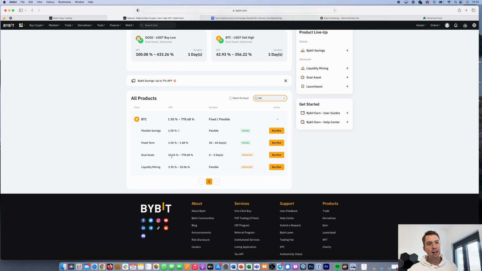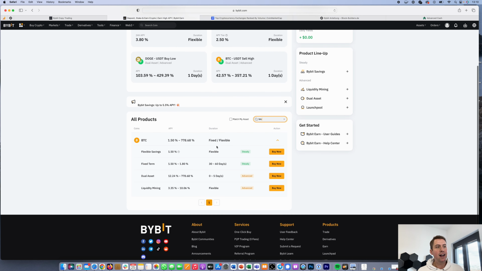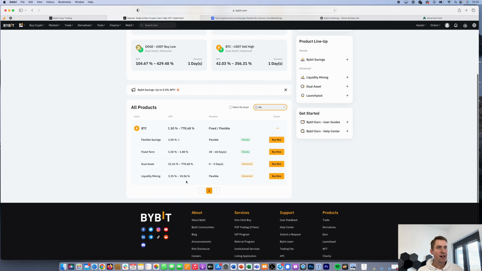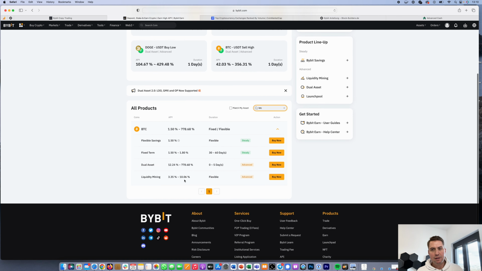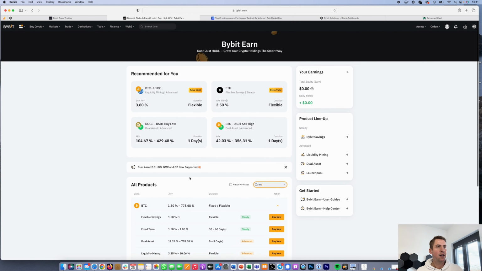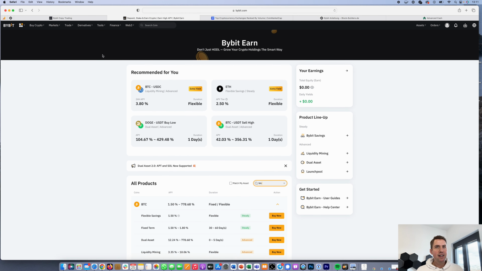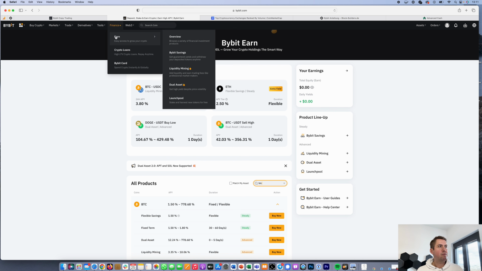So if you invest Bitcoin, it can happen that you get the money you made back in USDT, and if Bitcoin made a huge price jump, you are missing out on that, and so on. It's a bit complicated, however, be careful with that. And liquidity mining, it's basically similar to Uniswap, where you can also earn some interest. And that's basically it in terms of Bybit.